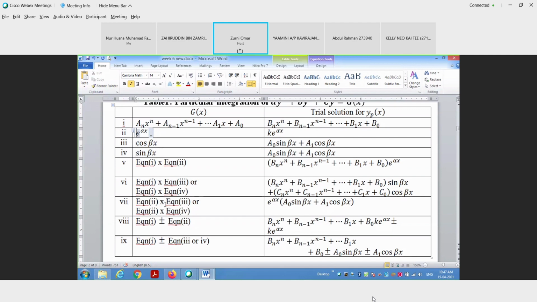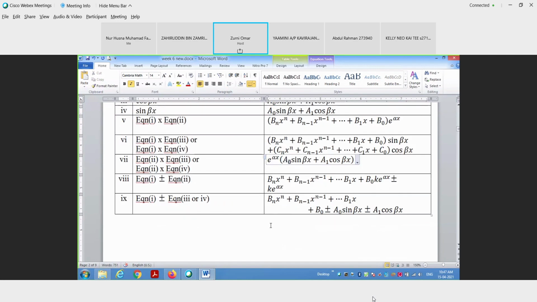So equation 2 times equation 3. What is the trial solution? So here, 2 and 3. So it's a combination of exponent and also 3 go: A naught sines beta x plus A1 cos beta x.